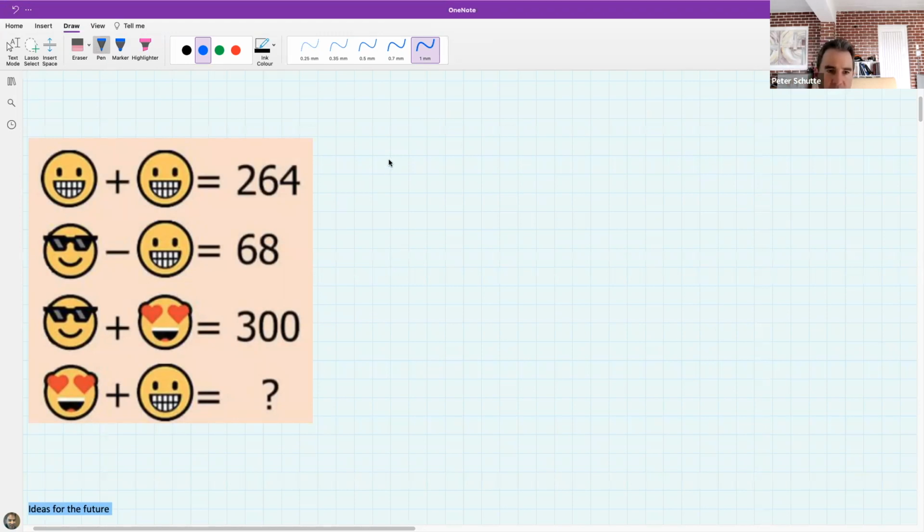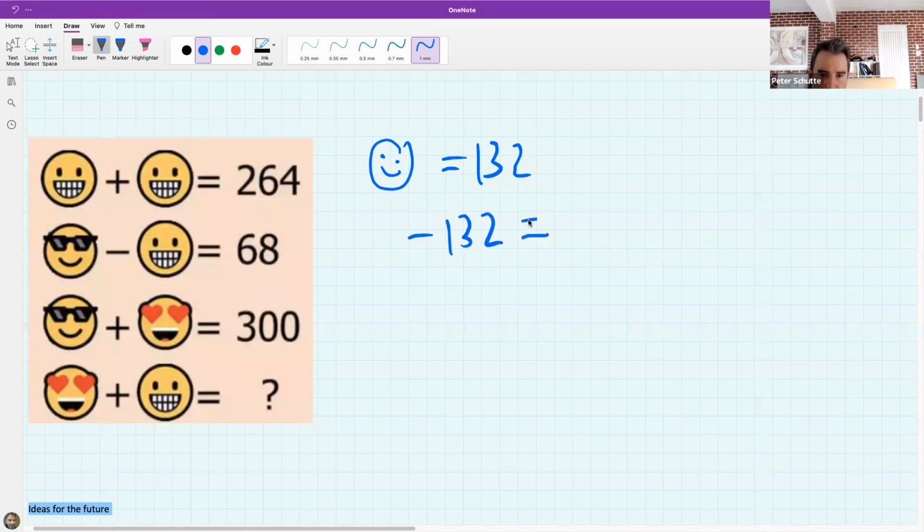Well, some of you are really, so a happy face, I think, is equal to 132. It's half of 264. And so then we have to ask ourselves, what is the sunglasses face going to be worth? I'm just going to call it a sunglass face.